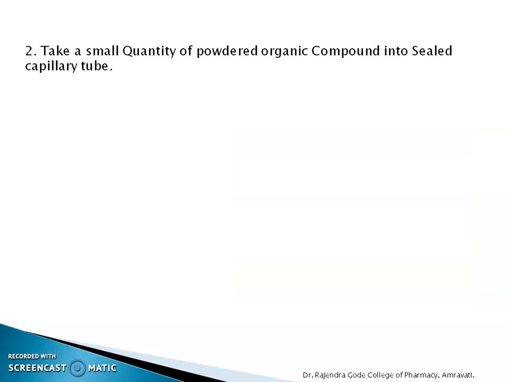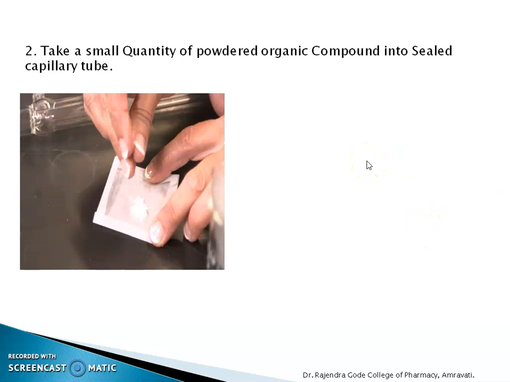The second step, take a small quantity of powdered organic compound into the sealed capillary tube. How can we fill that compound in the capillary tube? Take the powder on a butter paper or in a watch glass and tap the capillary tube on the powdered organic compound.